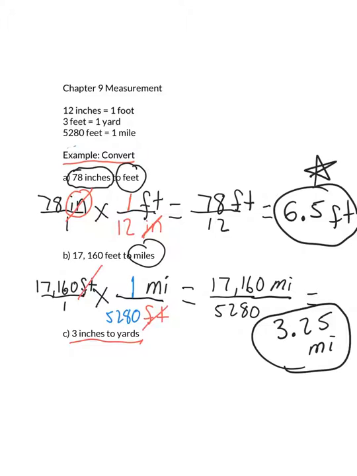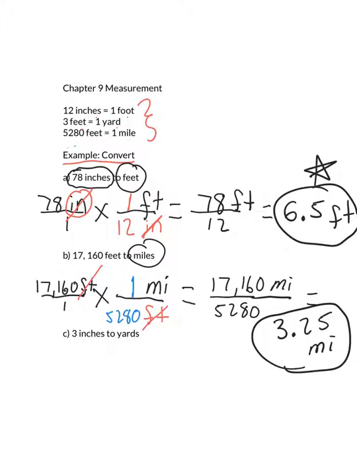As I skim the original equations up top, I do not see inches and yards within the same exact equation. I see inches with feet, I see yards with feet, but that's it. So this means we're going to have to bring out a third fraction. We're still multiplying fractions whenever we're doing this dimensional analysis.